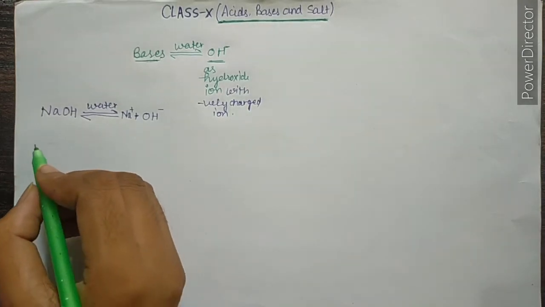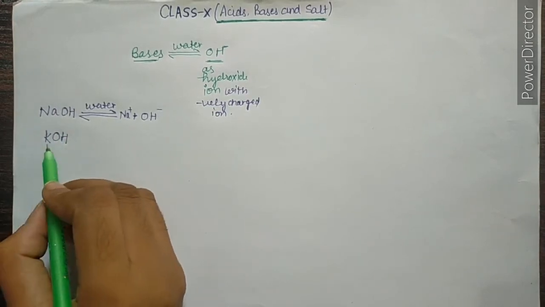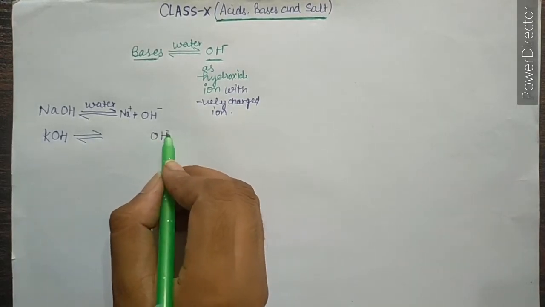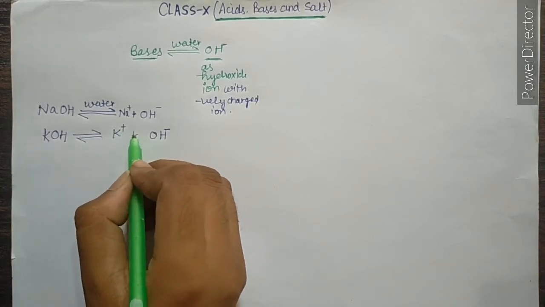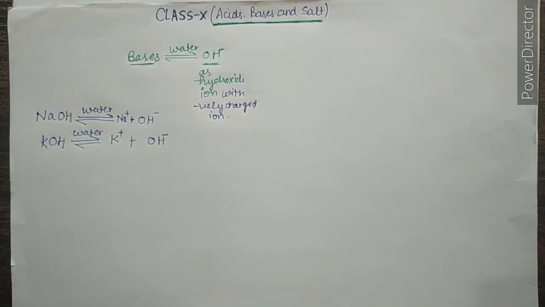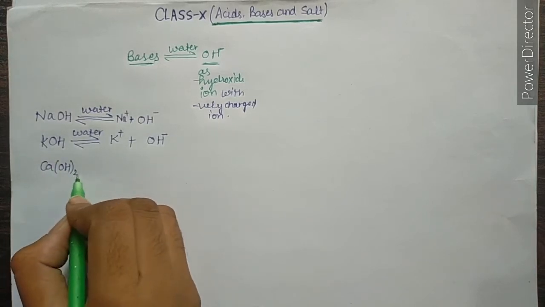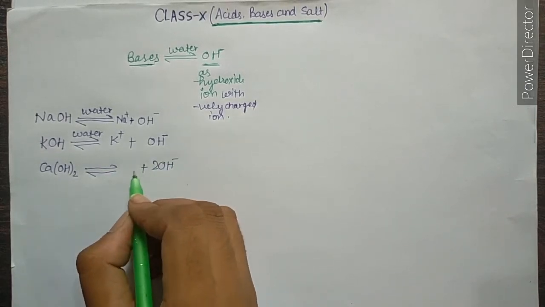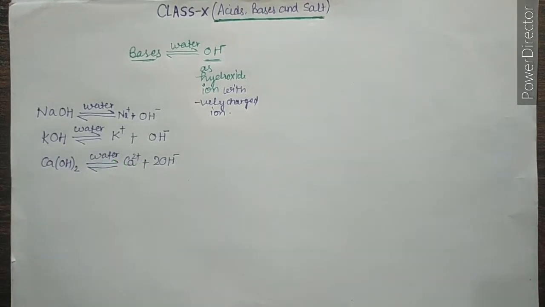Similarly, another example is potassium hydroxide, KOH, and KOH dissociates to give OH negative, the hydroxide ion, and K positive in water. The next example is calcium hydroxide, Ca(OH)2, and it also dissociates and gives 2 OH negative and Ca2 positive in water.